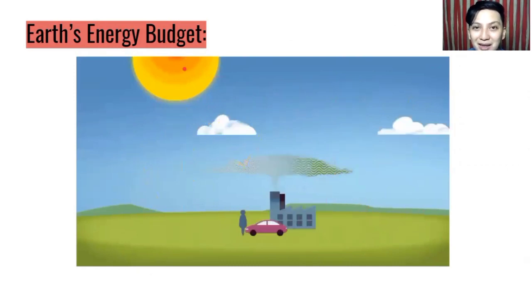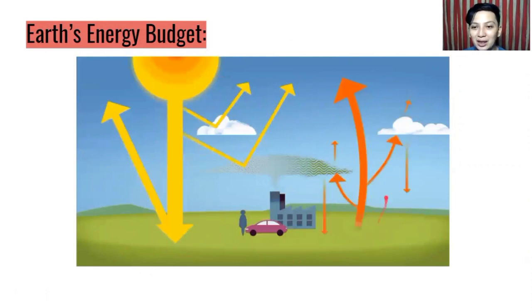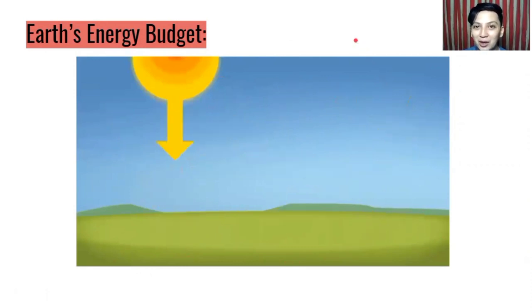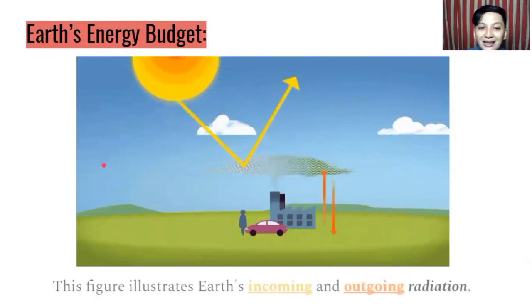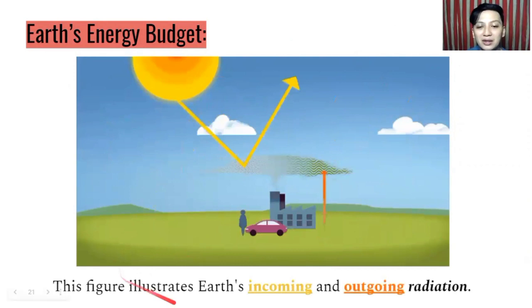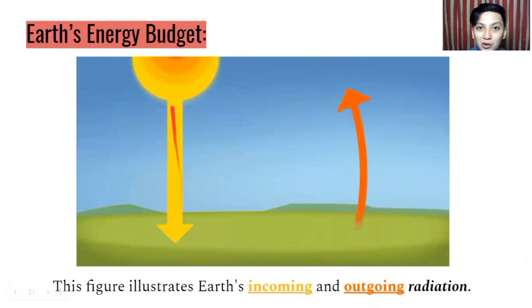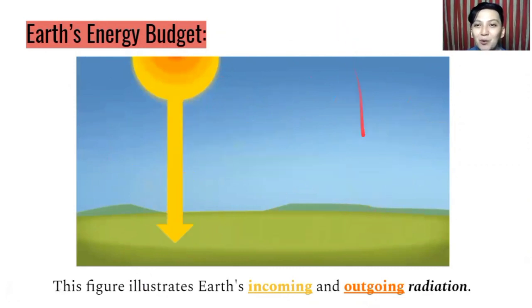And then when the sun hit directly to the ground, it will go back upward to the atmosphere. So this is the Earth's energy budget, and it simply represents, or this figure illustrates, Earth's incoming and outgoing radiation. This is the incoming solar energy or solar radiation. This is the infrared radiation, outgoing radiation.